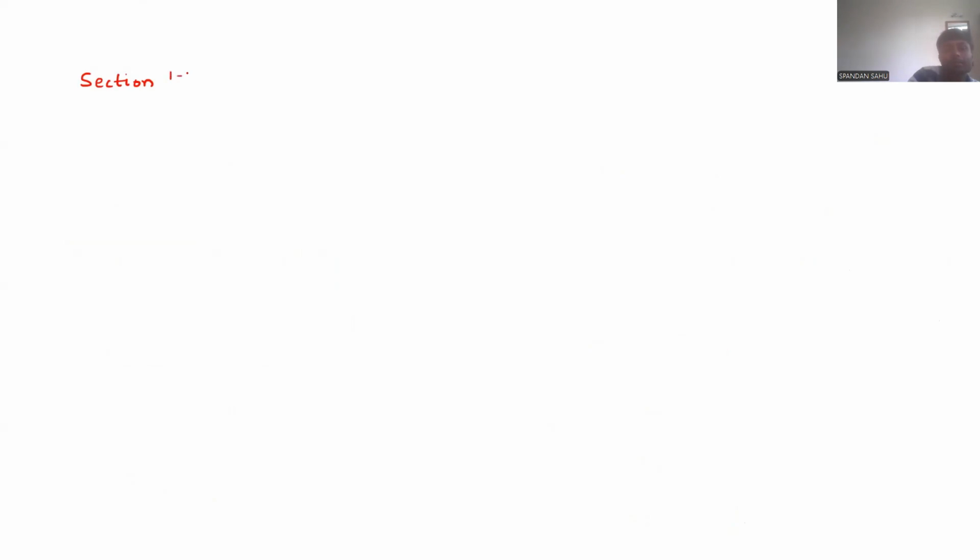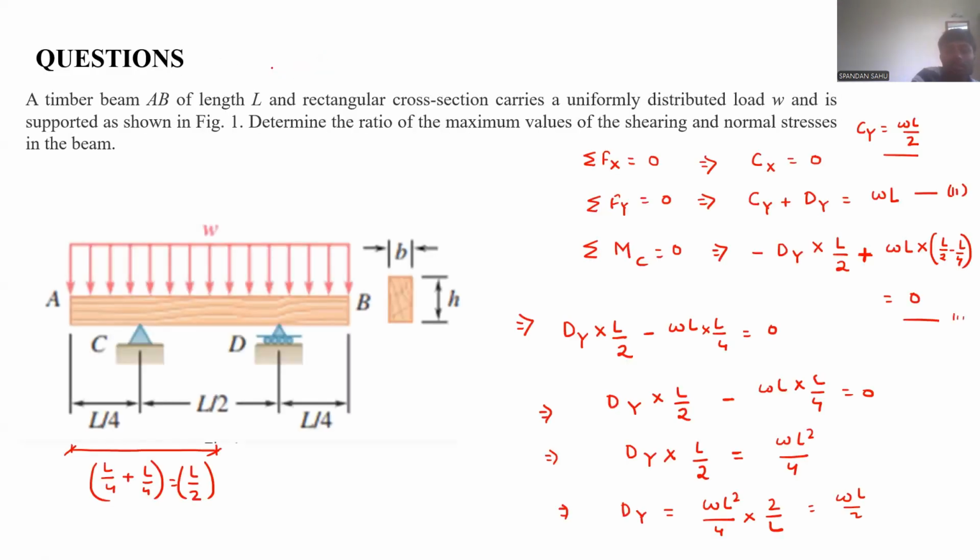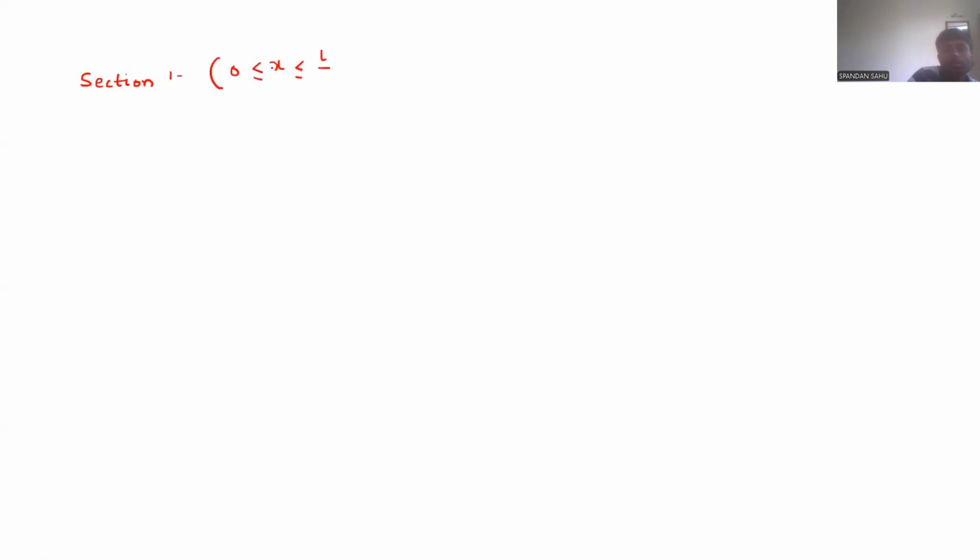Okay. Now, where that section X will vary from 0 to L by 4. Now, I hope these equations are clear to everyone. So, I am writing it quickly. Just take a note of those equations.